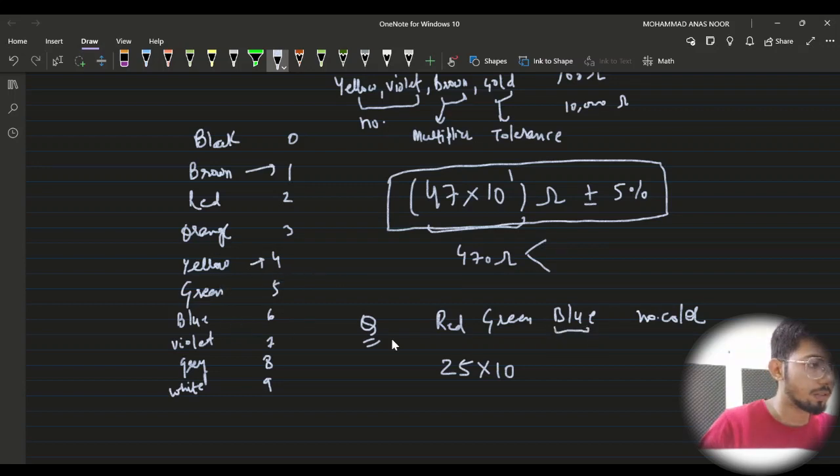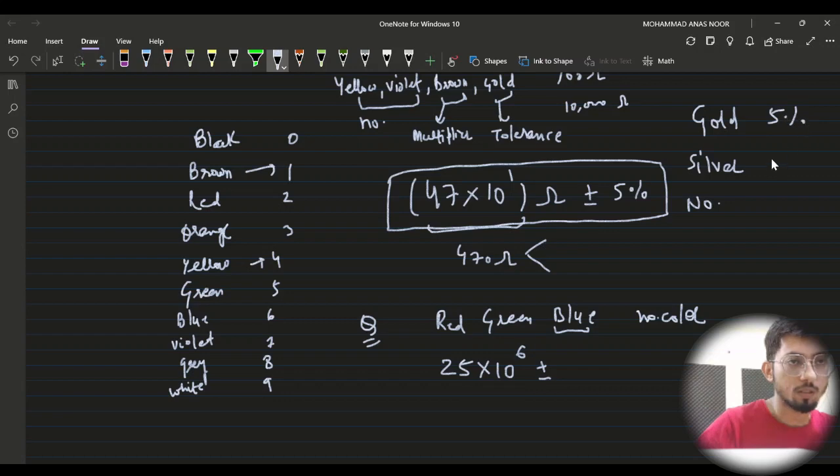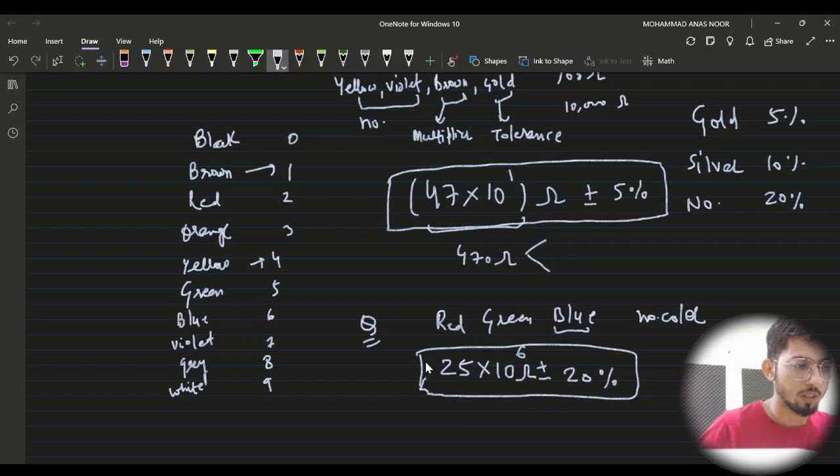Blue is 6. Plus minus, no color means, see gold, silver, and no color. Gold represents 5% tolerance, silver is 10%, and no color means it may go up to 20% up or down. And this is ohms. This would be the value. Very easy, right? Find it.